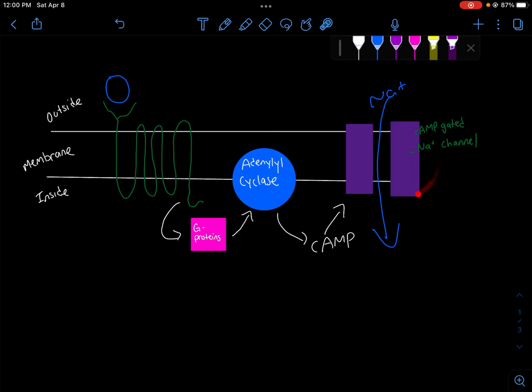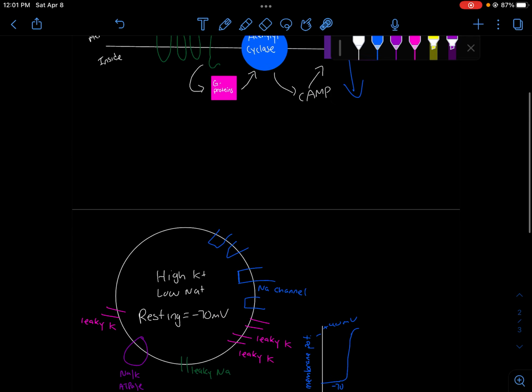I've only drawn one cAMP activating this cAMP-gated sodium channel, but really the metabotropic pathways can activate several different cAMP-gated sodium channels by creating many cAMP molecules, right? That's signal amplification. So that theme from last quarter, signal amplification, is still relevant.